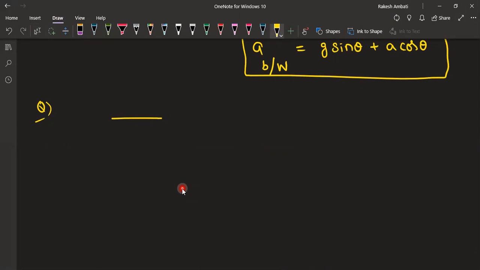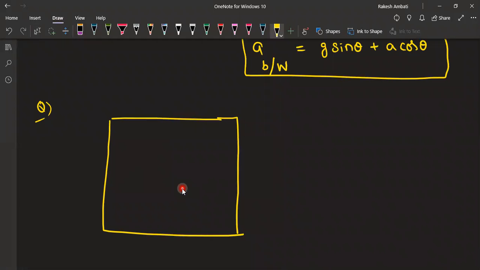For example, it is a lift. Inside the lift, we have a wedge and this angle is theta. The lift is moving leftwards with acceleration A. On this wedge, we have a block of mass m.